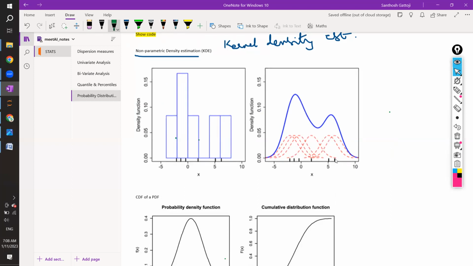So if you see this point, only focus on this point, assuming this point as the mean. Let's say you have a point over here. If I want to draw a Gaussian distribution, that means a normal distribution, how does it look? A bell curve. Where will the mean be? The mean will be here.